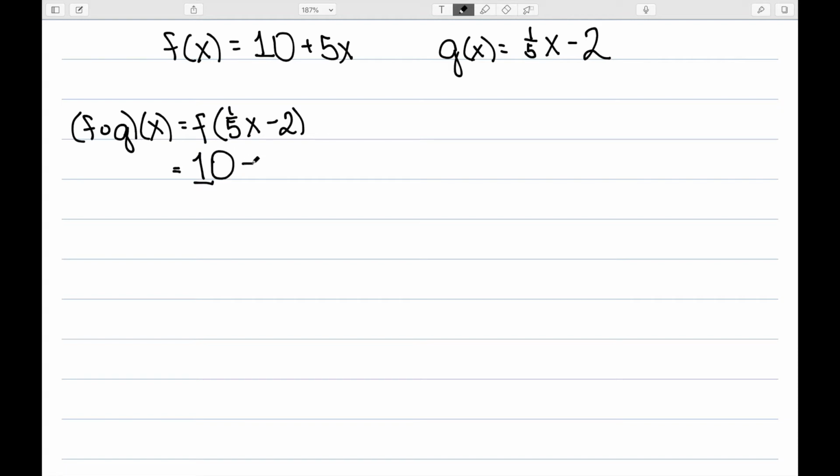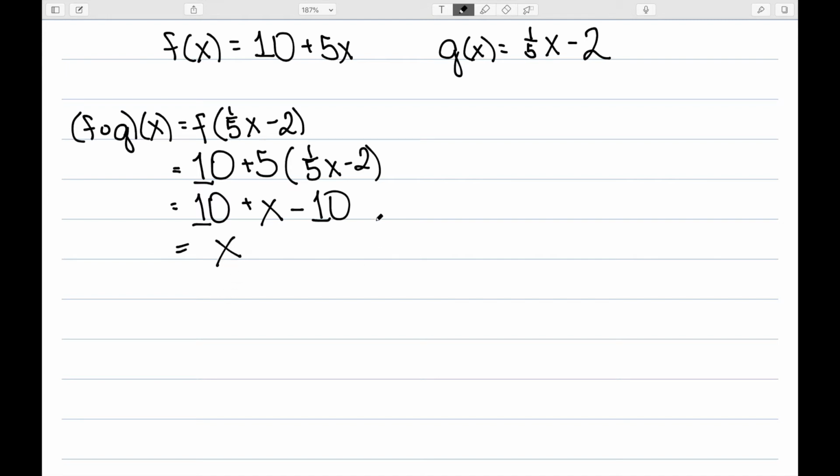F says 10 plus 5 times x, and instead of x, I'm going to write 1/5 x minus 2. Multiplying this out, I have 10 plus 5 times 1/5 is 1, so plus x, and 5 times negative 2 is negative 10. And 10 minus 10 is 0, so I'm left with just x. Exactly what we needed.